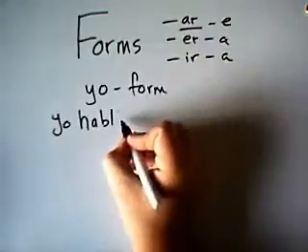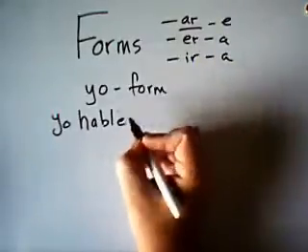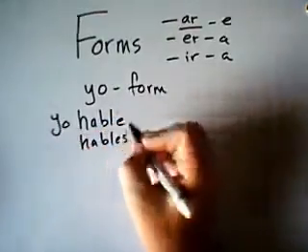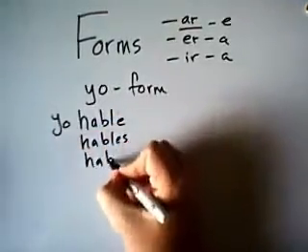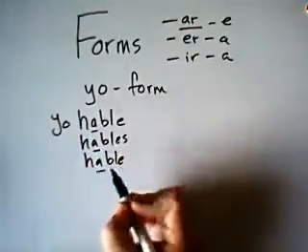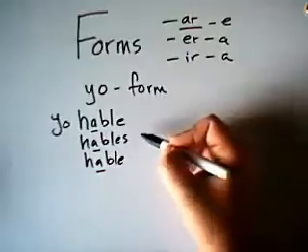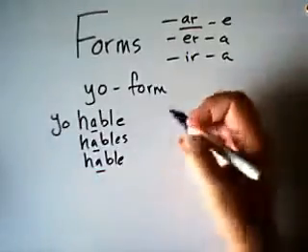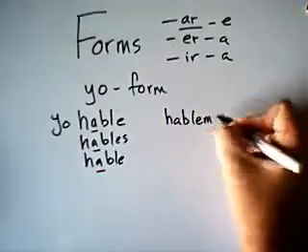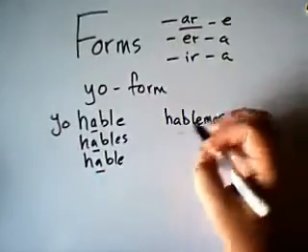So with hablar, the subjunctive form is going to be hable, yo hable, tú hables. It's important not to emphasize the final syllable when you pronounce these, because it's the second to last syllable that's usually emphasized. Hable, hables, hable. We also have we, hablemos.